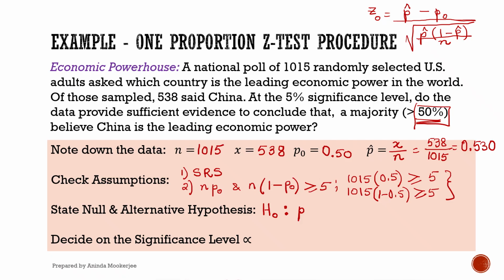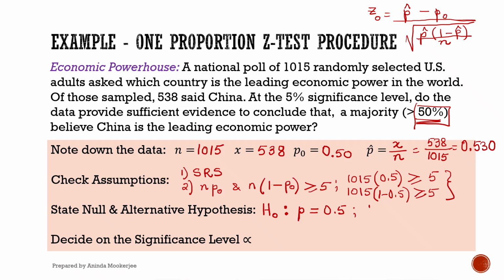So P is equal to, the null hypothesis will always have an equal sign in it, is equal to what is the population proportion of the null hypothesis. It's 0.5. So we are going to write here 0.5, and that's the null hypothesis.